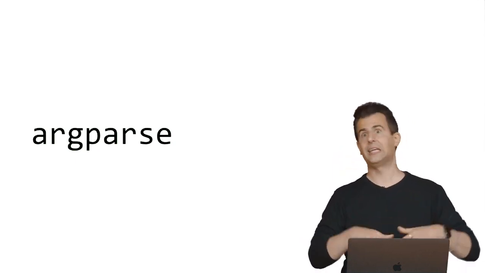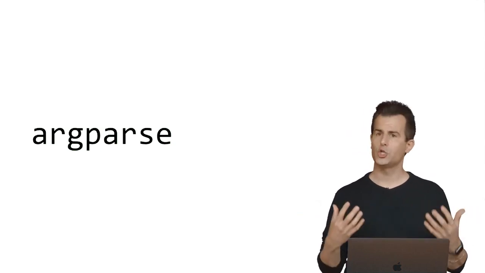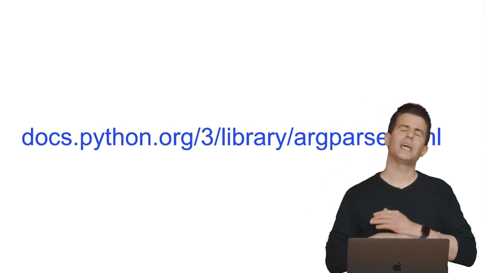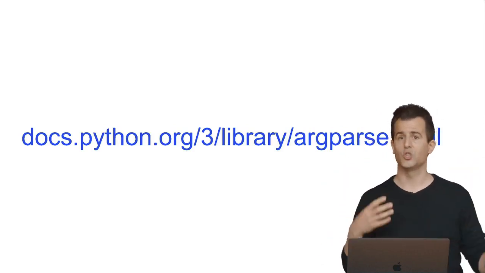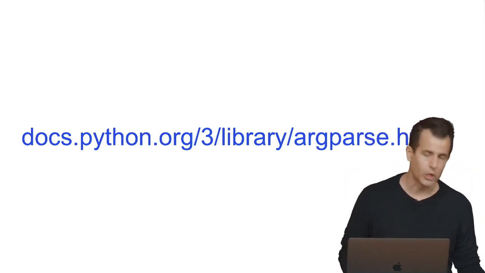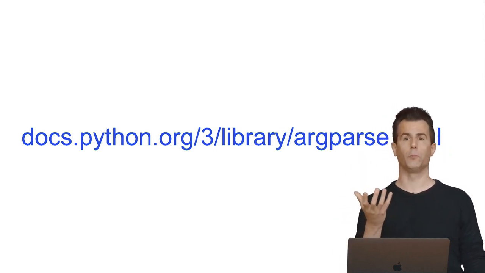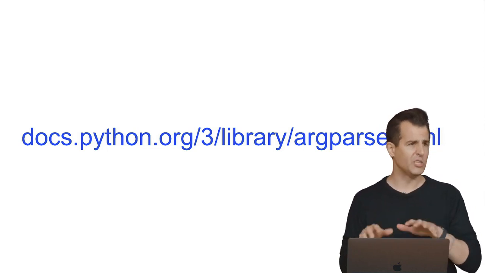And by supporting things like dash n or dash a or dash b or dash c, argparse is a library that, per its documentation, just handles all of this parsing, so to speak, this analysis of command line arguments, for you automatically, so you can focus on writing the interesting parts of your program, not the command line arguments part.